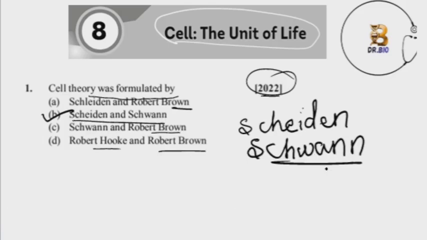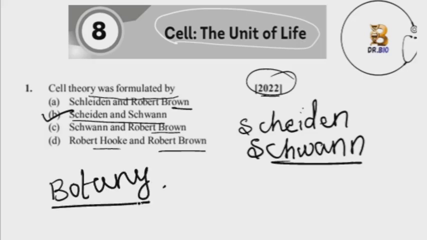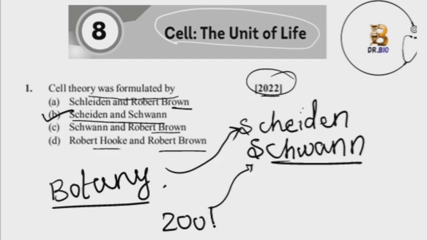Schleiden and Schwann come from different backgrounds. Schleiden is a botanist, from a botany background, so he worked on plant related aspects and proposed the cell theory. Schwann is basically from a zoology background, so he is a zoologist.